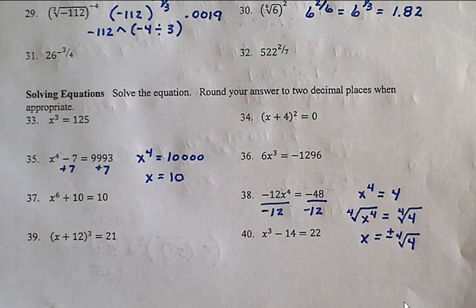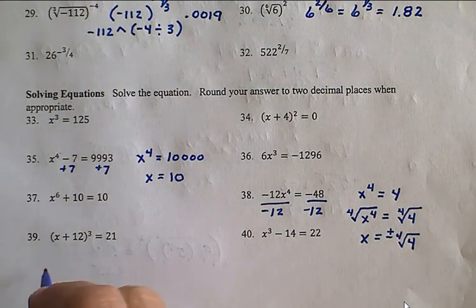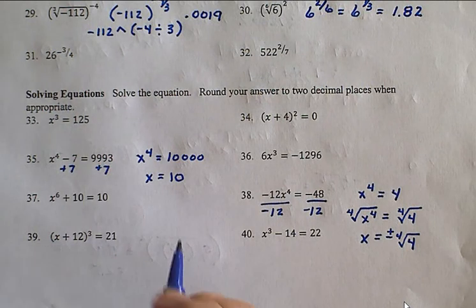Another one that's a little bit messier is number 39. I'll help you with that one, and then we'll kind of call it quits and see if you can finish it from there. So first thing I'm going to do on this one is cube root both sides. This is kind of the priority operation, the cubing, so I'm going to do that first.